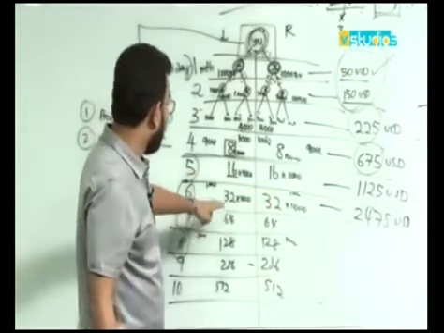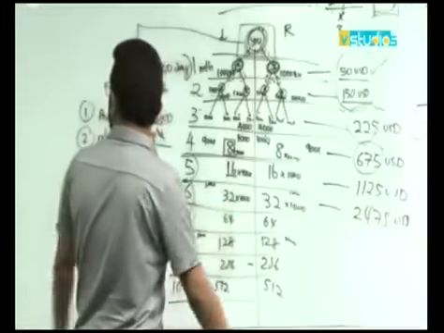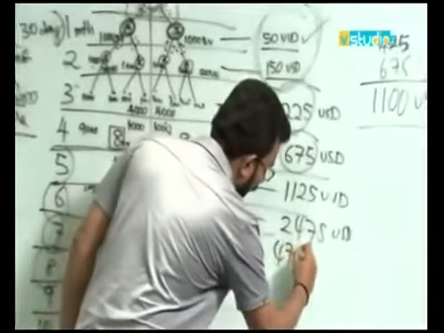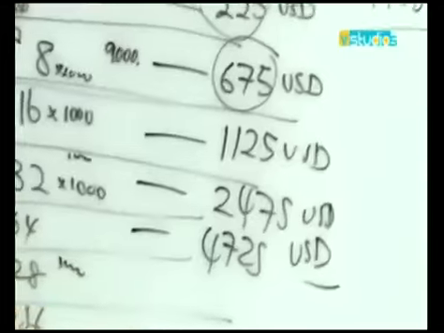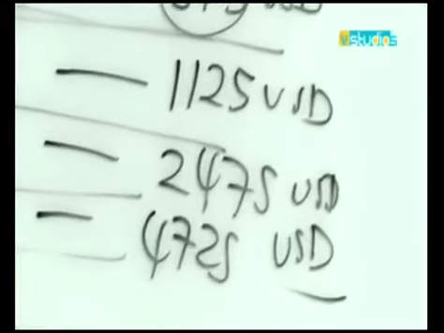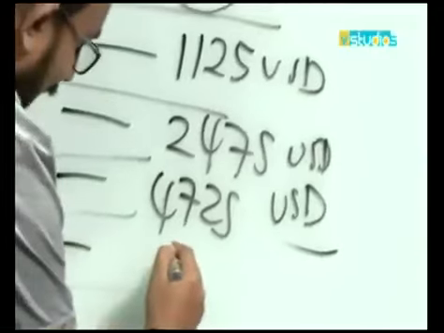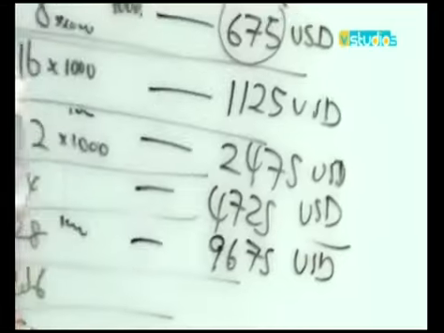On the 7th month, these 32 people each bring 2. So 64 on the 7th month, and your income is 4,725 US dollars. On the 8th month, your income now becomes 9,675 US dollars.